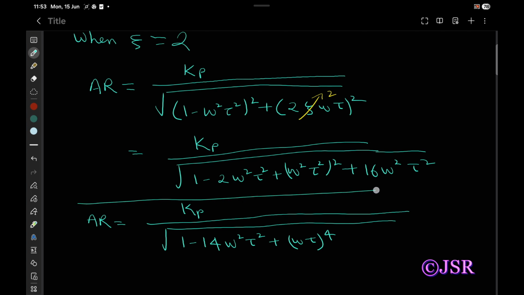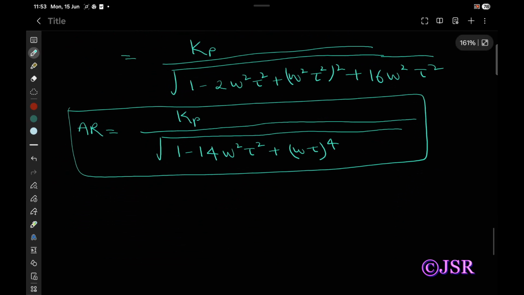So this is the amplitude ratio when zeta is equal to 2.